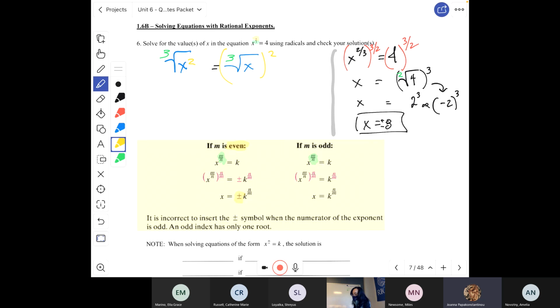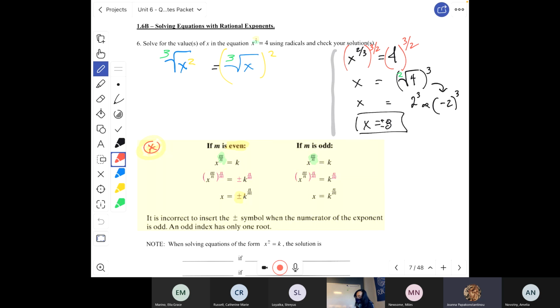However, if the numerator of the rational exponent of x is odd, we just look at the positive. Okay, so this is kind of going to tell us when to distinguish between when it's plus or minus and when it's just plus.